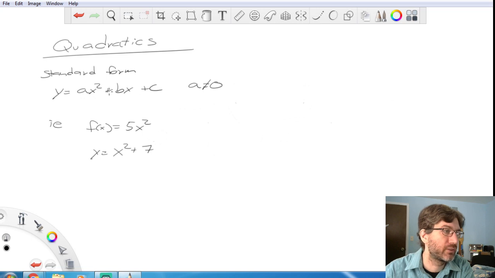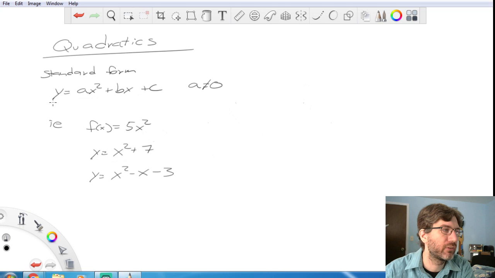So it's still going to be a quadratic because we're looking for that x squared term, or a squared or b, whatever. That second degree monomial is what we're looking for here. And then the other one that I threw in the notes was y equals x squared minus x minus 3.